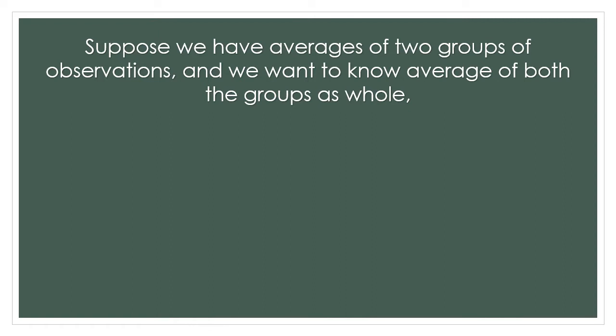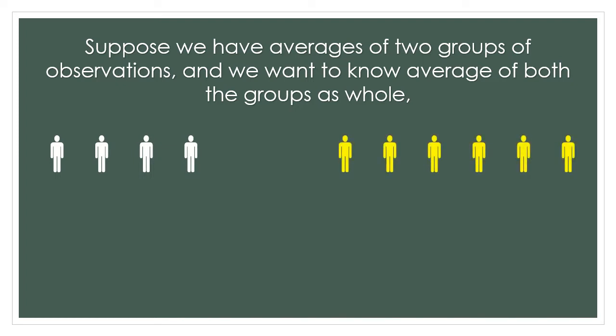Let's take an example. In a school, there are two classes, class A and class B. The white boys suggest class A and yellow boys suggest class B. For example, I know the average age of the class A students and the average age of class B students. In class A there are 4 students and in class B there are 6 students.